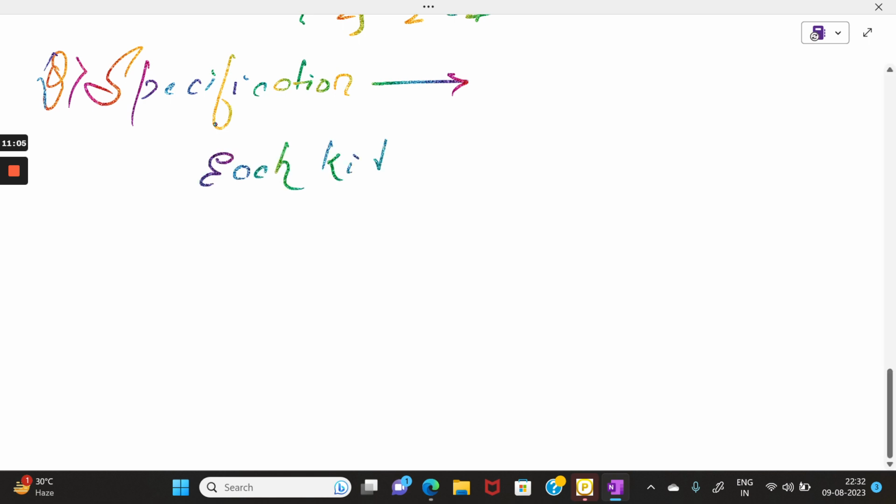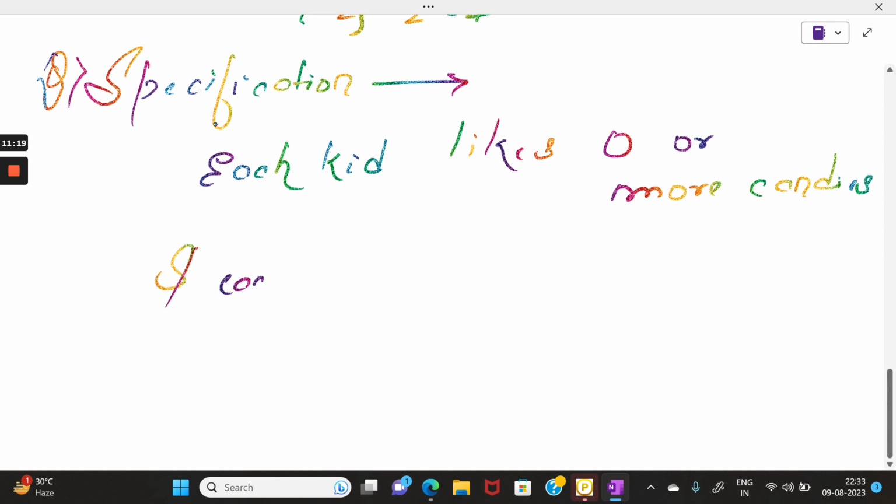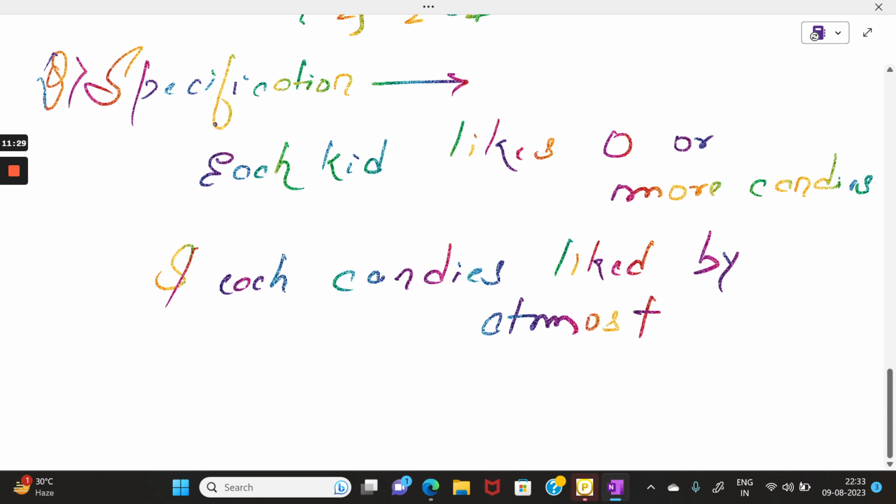The specification here is: each kid likes zero or more candies, and each candy is liked by at most one kid.